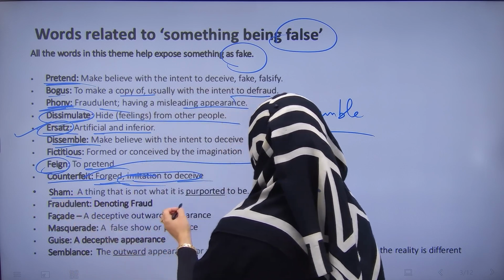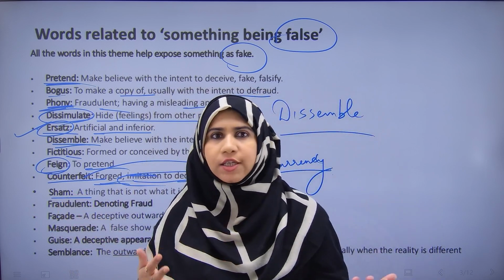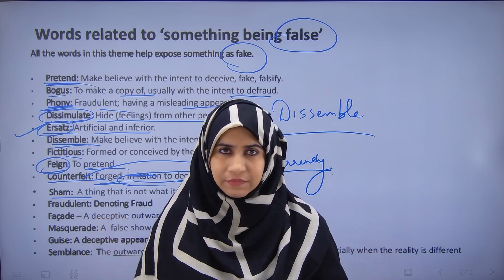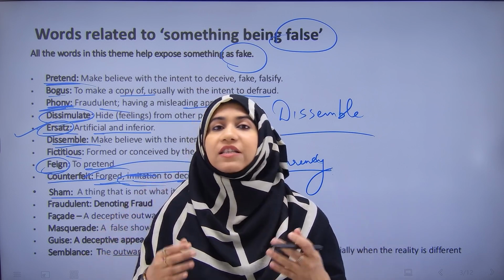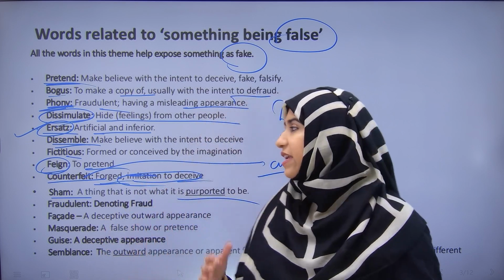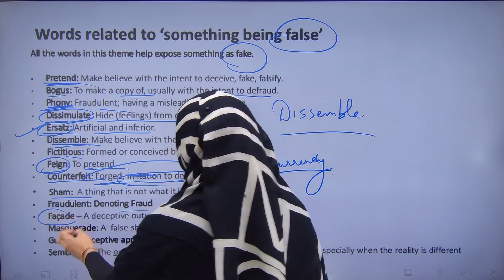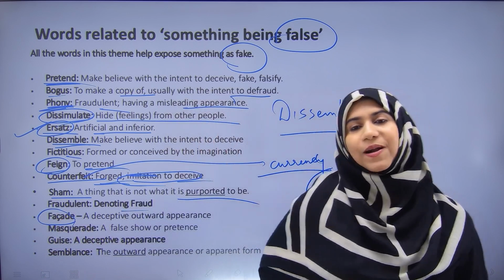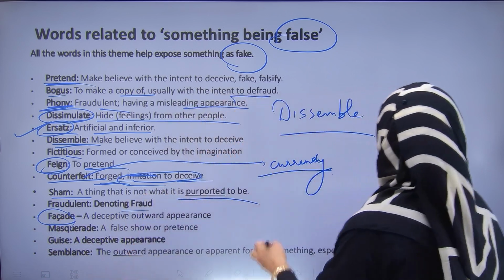What is sham? A thing that is not what it is purported to be. The peace talks are just sham. नकली है, धोखा है, ये बताना चाह रहे हैं आपको, but ये genuine नहीं है, right? Okay. Fraudulent, denoting fraud. Facade is a very nice word. A facade word आप कैसे याद रख सकते हो? You can remember it with the word face.